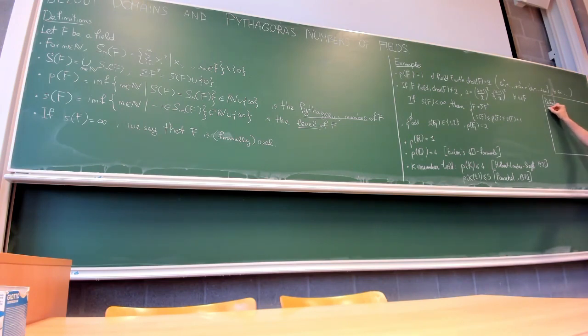Given a field K, we call an algebraic function field a finitely generated field extension of transcendence degree 1.